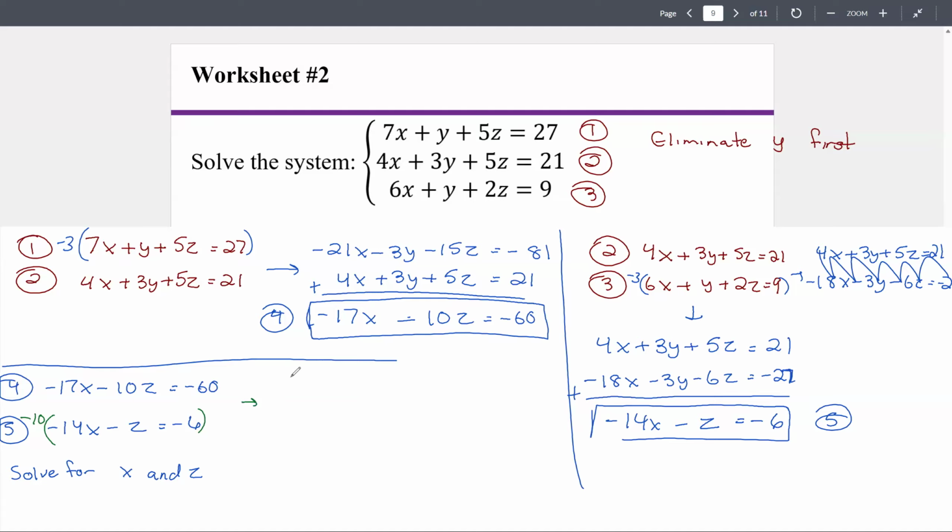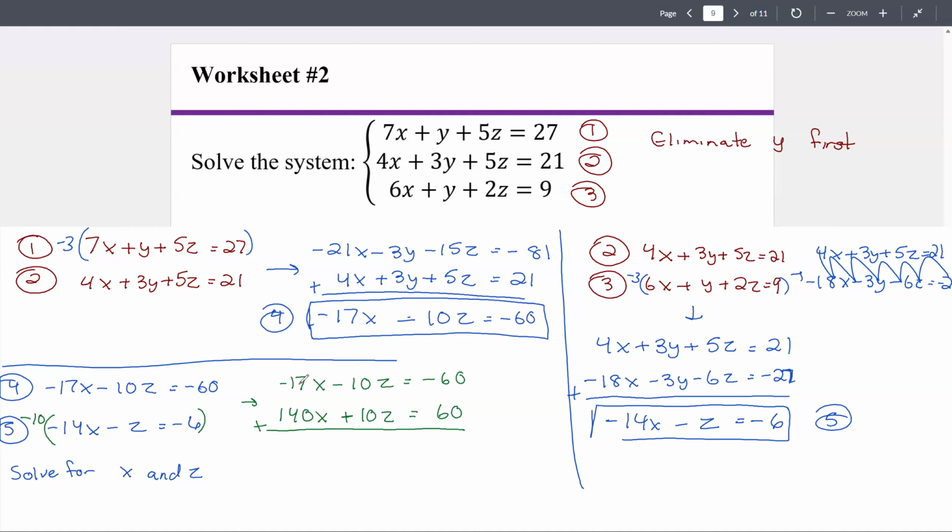So we're going to end up with a negative 17x minus 10z equals negative 60. And then a positive 140x plus 10z is going to equal positive 60, sorry. So we've got negative 10 times a negative 6.